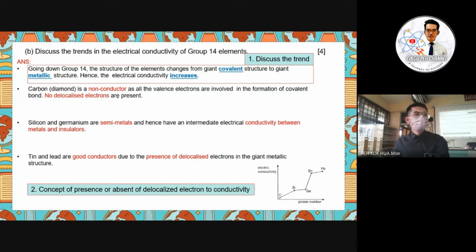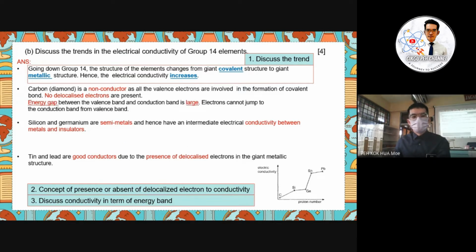But I advise you to add the discussion of conductivity in terms of energy band also. You have to add that the energy gap between the valence band and conduction band is large, so electrons cannot jump to the conduction band from the valence band. The energy gap between the valence band and conduction band is small for the semi-metal, so the electron is still able to jump from the valence band to the conduction band.